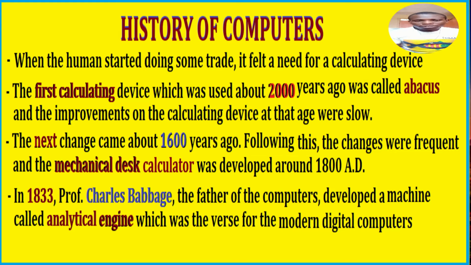Guys, it's very important to note that when humans started doing some trade, they felt a need for a calculating device. The first calculating device, which was used about 2000 years ago, was called the abacus. The improvements on the calculating device at that age were slow.